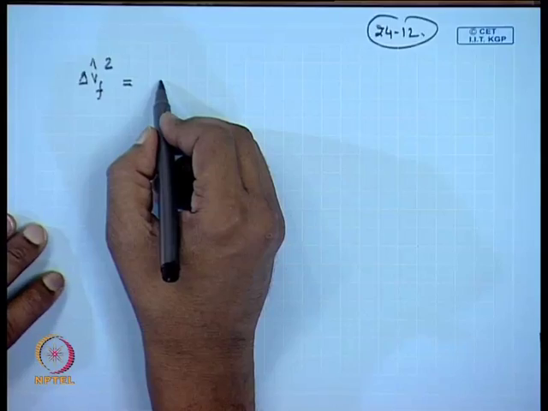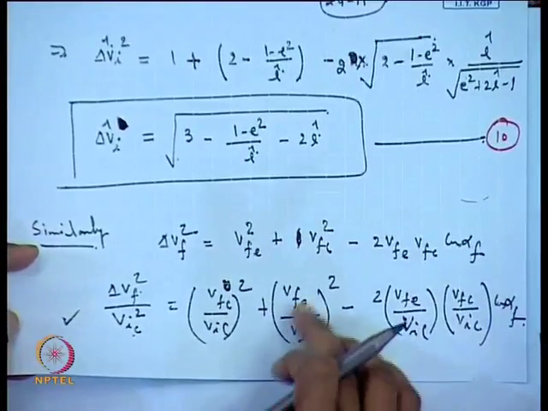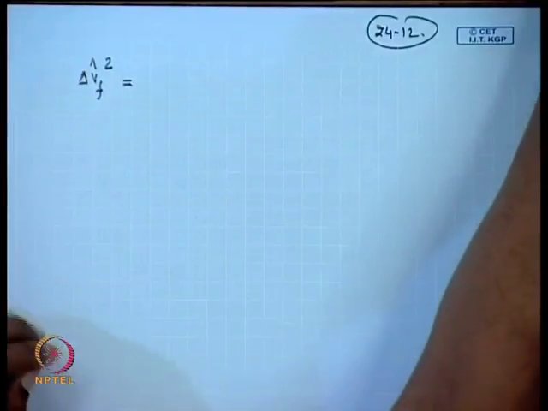Now, we need to insert these values here, Vfc by Vic and Vfe by Vic, and all these quantities we have developed earlier.